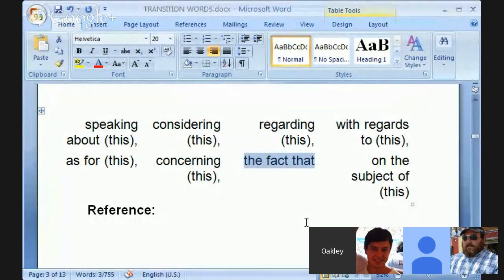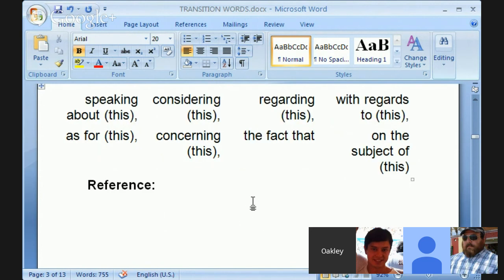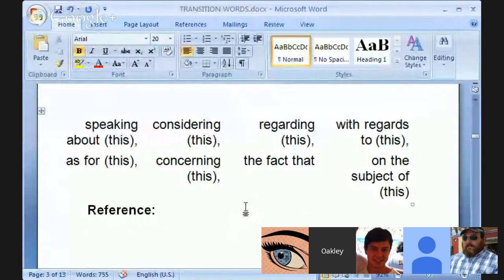So I'm referencing. To reference is to talk about something that's already known. In fact, it's very close to actually. Really, it's like this. In fact, it's like this. Maybe not what you think.